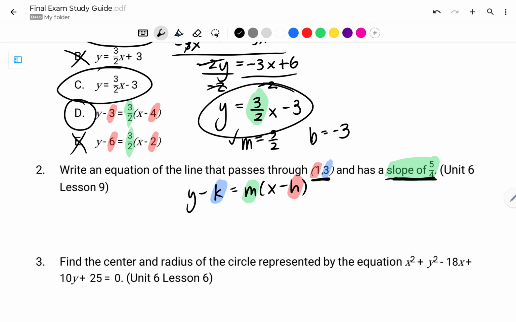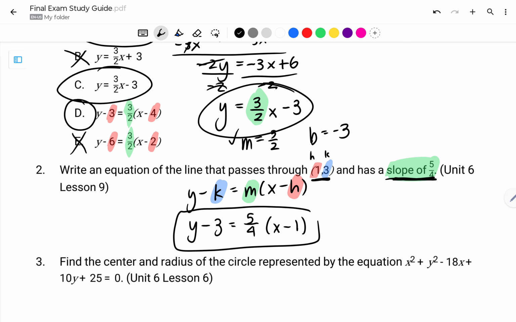Okay? But this 1 has to be with the x and 3 has to be with the y because that's my h and k. So let's just plug it in. Y minus 3 equals 5 over 4 times x minus 1. That's it. That is it.